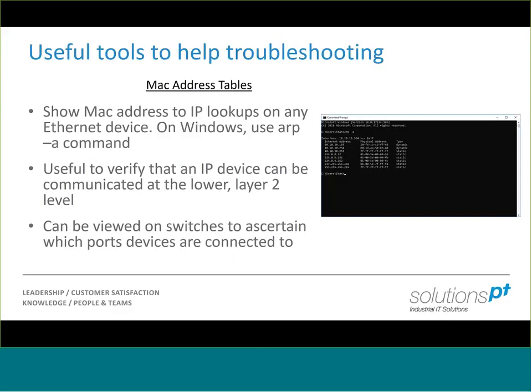On Windows, you've got a nice little command for it, the ARP command, which will show you your IP address to MAC address conversions. Your switches will also have MAC address tables, which will show you your MAC address to port conversions as well, so it will show you which ports frames are being sent down, and those are the kind of things you want to start checking to prove your issue isn't at layer 2.